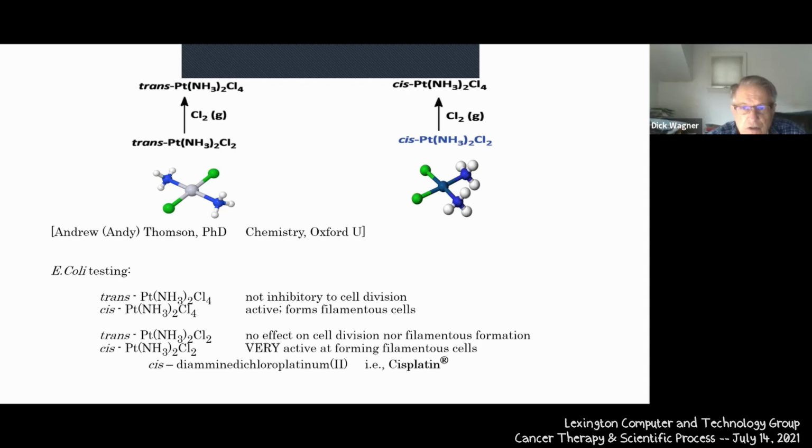In other words, this probably is and was what they were seeing in their initial experiments to get the filaments. The trans form of the starting material has no effect, but surprisingly, the cis form is very active, much more active than the tetrachloride. So the cis diamine dichloroplatinum 2 is the key chemical substance, and that is what was called cisplatin.